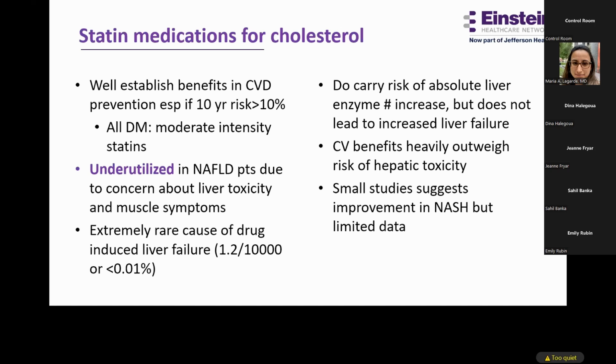They can increase your liver enzyme numbers, but this does not really lead to increased liver injury or liver failure. So in patients that are recommended for a statin, the risk of liver toxicity is very low, and the benefits toward your heart health are very high. So it tips heavily in favor of being on a statin medication. There are even some small studies that show that NASH can be improved by being on a statin medication.